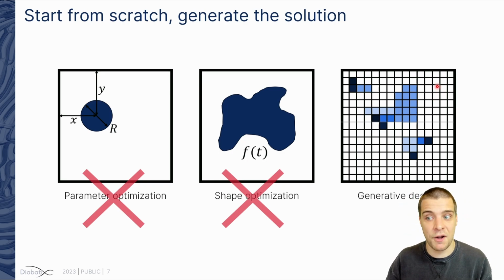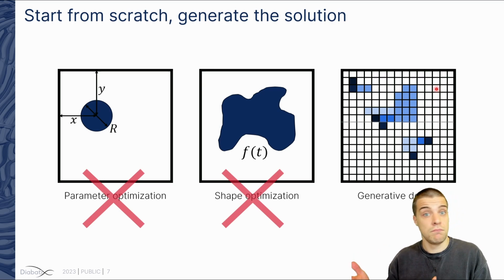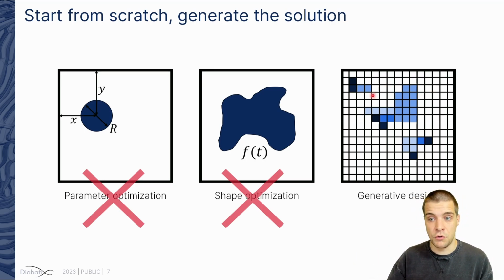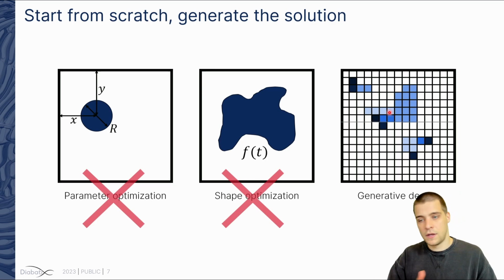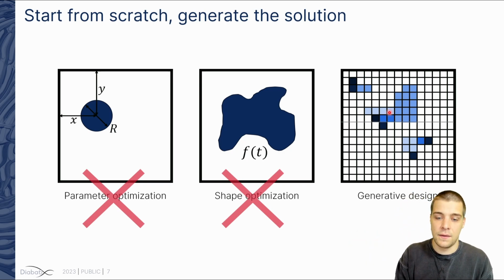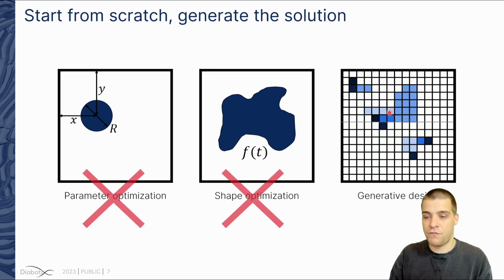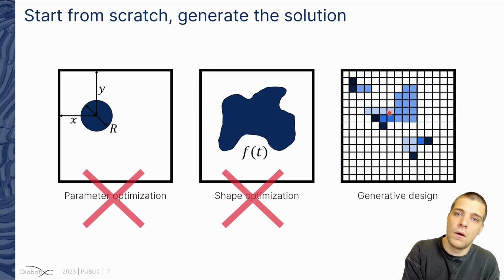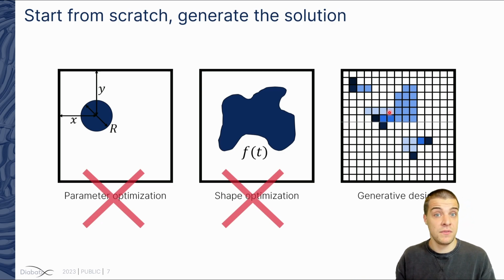Does the algorithm determine that, for instance, in this particular cell there needs to be material or not, or does it need to group material here on this location or not? The software has full control over it. And by splitting the problem up in all of those different cells, the final solution is less dependent on the initial condition that the user defines. It can design something basically from scratch without any initial condition.